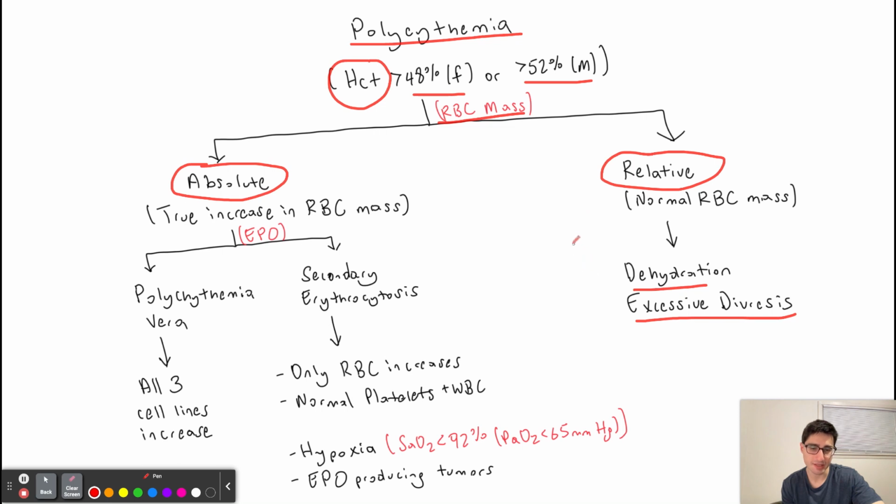Remember, hematocrit is going to be the percentage of red blood cells in the total volume of blood. If we are decreasing the body's volume, then the hematocrit is going to increase, giving us relative polycythemia.